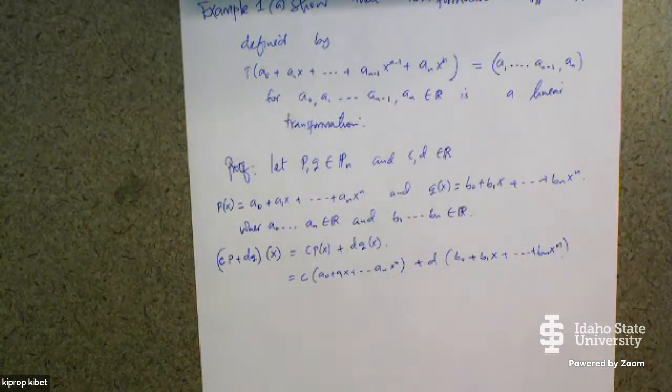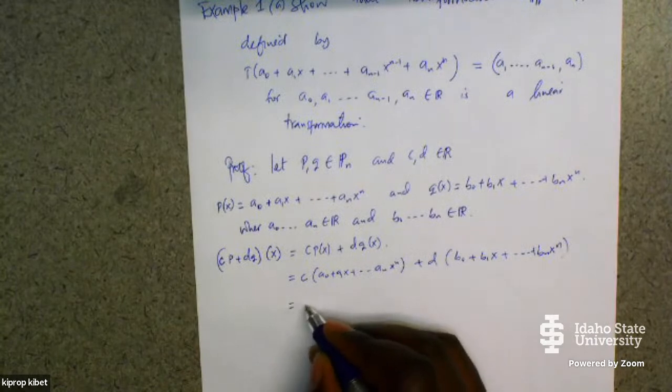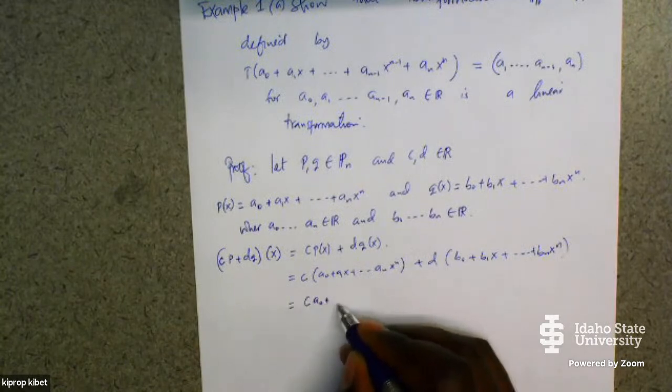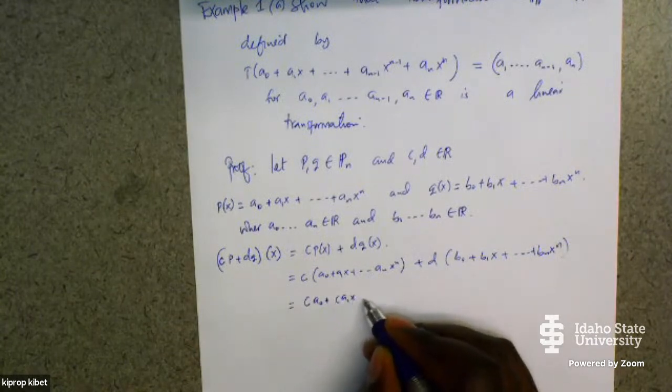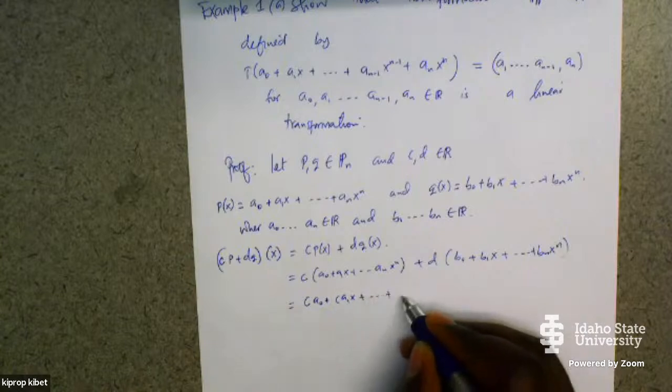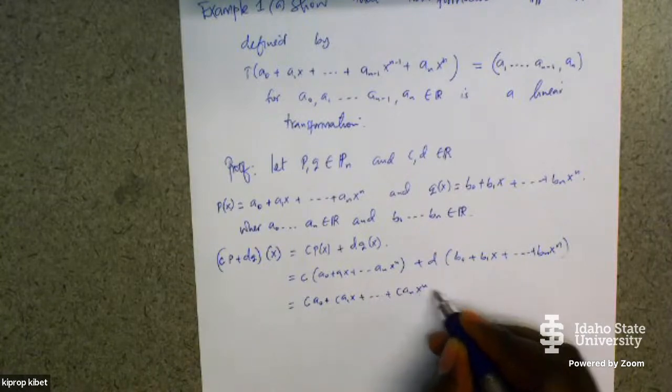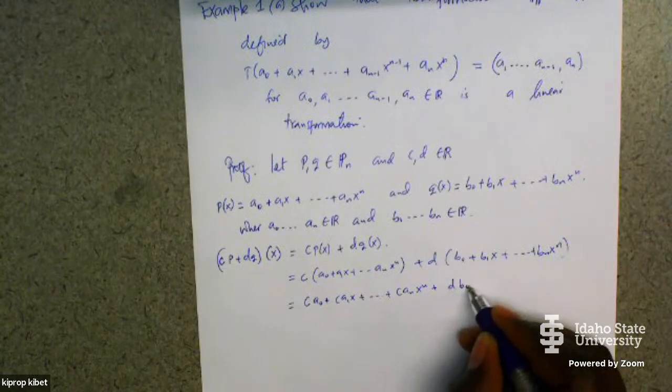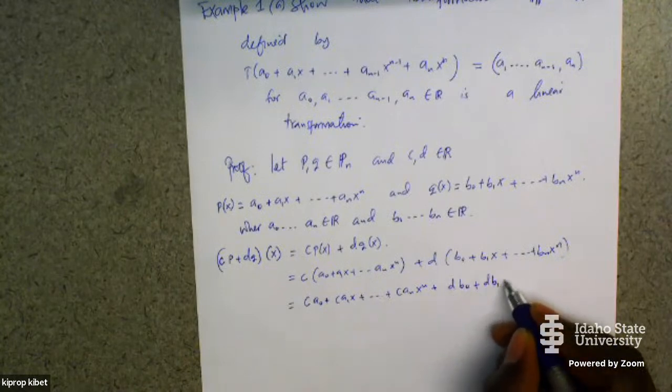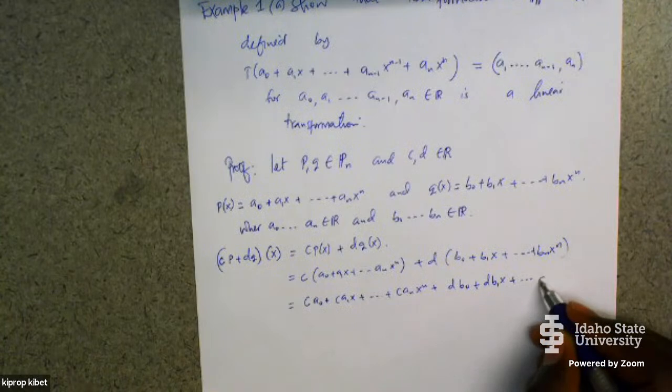If we open these brackets, this is the same as c a naught plus c a1 x plus ... c a n x to the n plus d b naught plus d b1 x plus ... d b n x to the n.